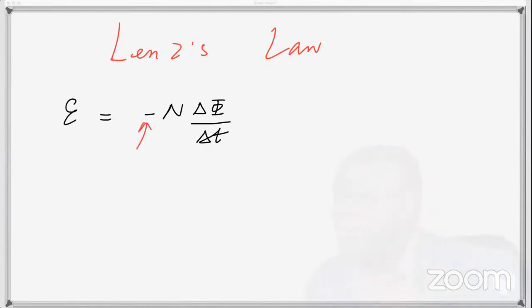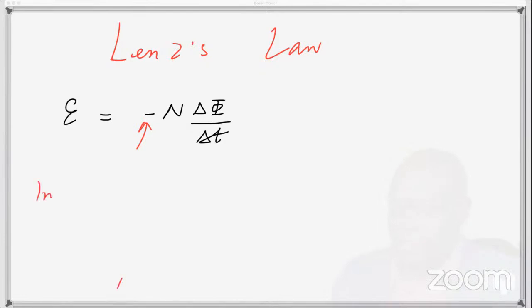The negative sign simply indicates the fact that the induced EMF always creates a flux to oppose the original change in flux.